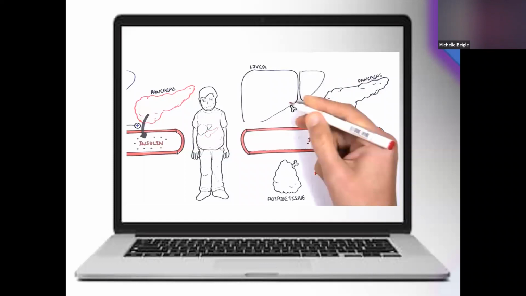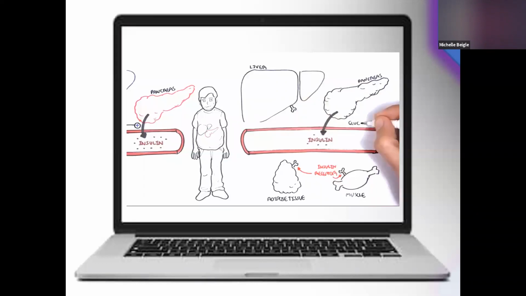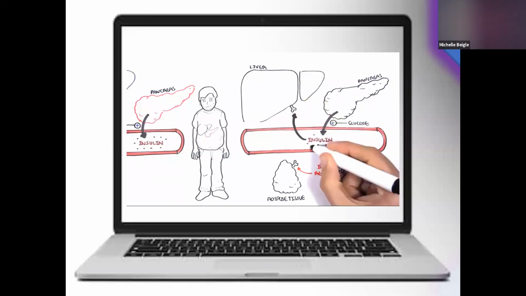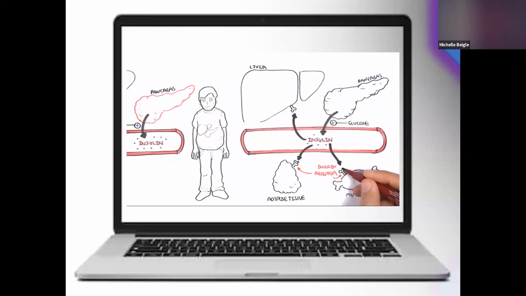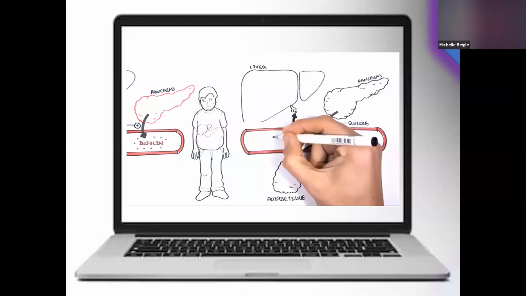So again, high blood glucose will stimulate insulin production and insulin release from the pancreas. The insulin will then target these different organs by binding onto insulin receptors or insulin sensitive proteins, with the sole purpose of decreasing blood glucose levels.